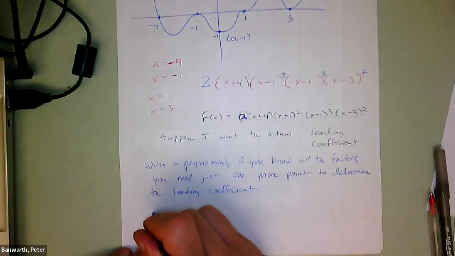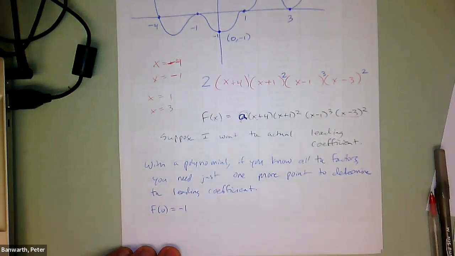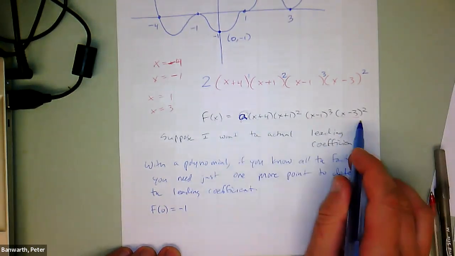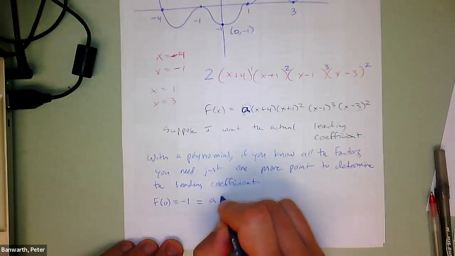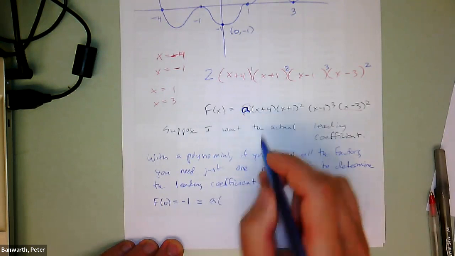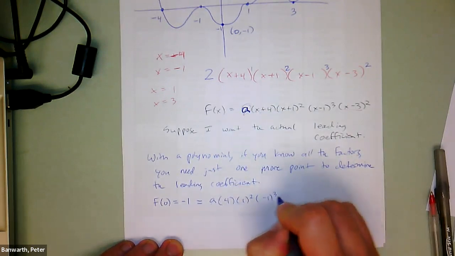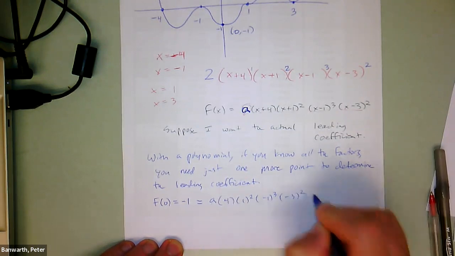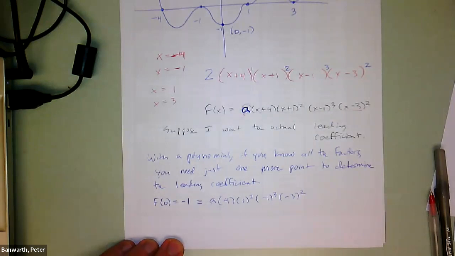That tells me that if I put 0 into my function, I'm going to get -1 out. And here's my function. So if I put 0 into my function, I get -1 out. That's A times 4 times 1 squared times -1 cubed times -3 squared, because I've replaced the x with a 0 in every spot.